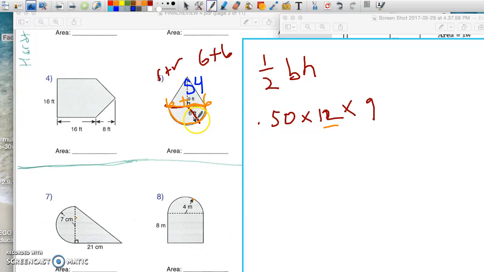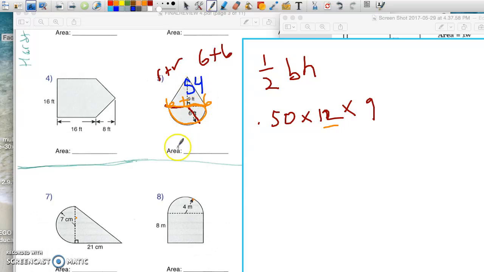And then I forgot what the area was for the half circle. I think it was 56 point something. It was 113.04 divided by 2. Let me find that out. Okay. That was it.